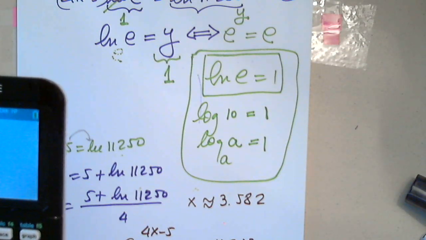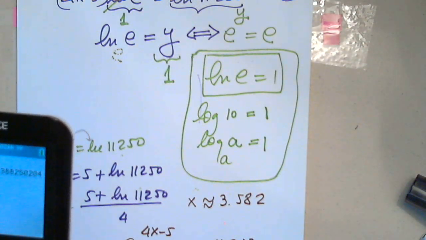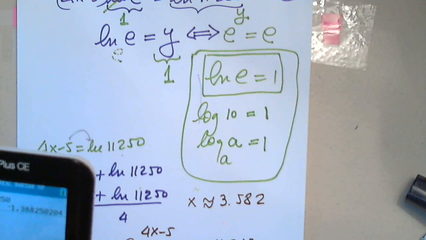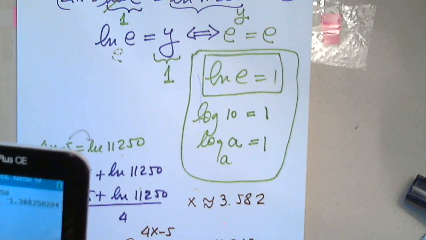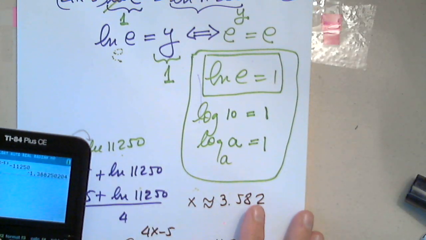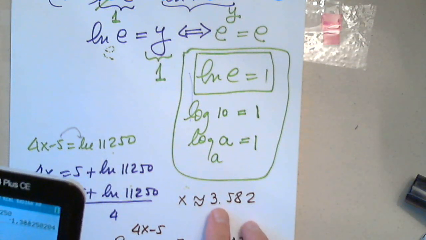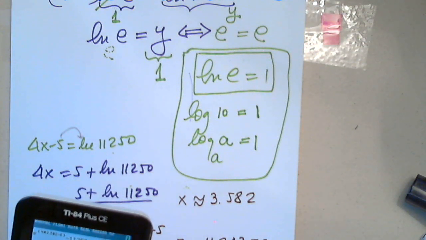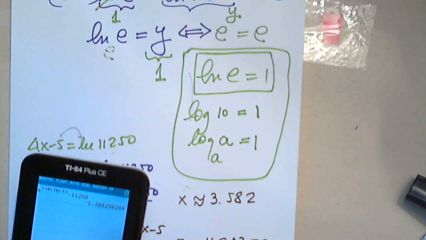You will not get 0, but you'll get very, very close to 0. It's negative 1.38. It's almost 0. But that's the problem with the logs and the exponentials. The fact that you truncated this number gave you some off value.